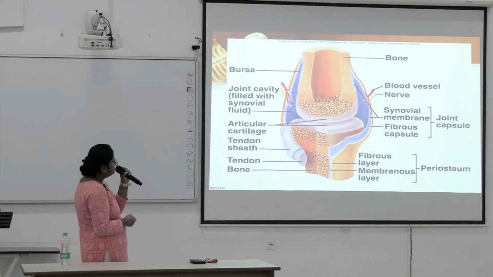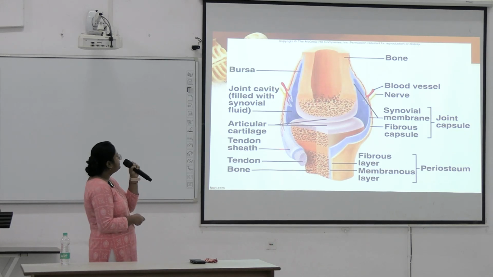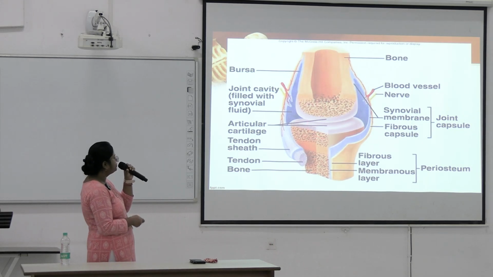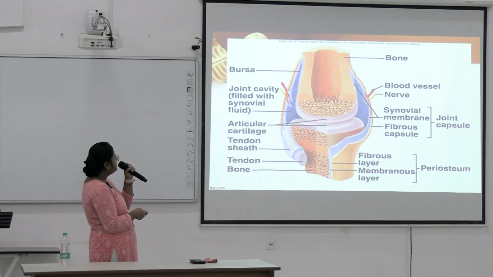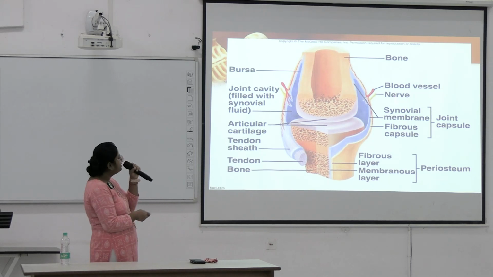Okay, so this is a picture of synovial joint. You can see two ends of the bone covered by articular hyaline cartilage. This is the joint cavity filled with synovial fluid and this membranous covering.